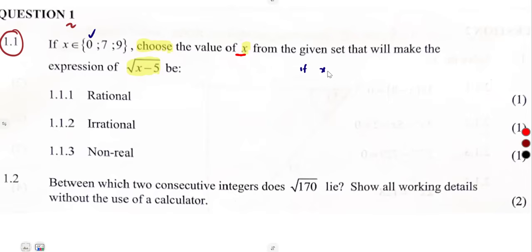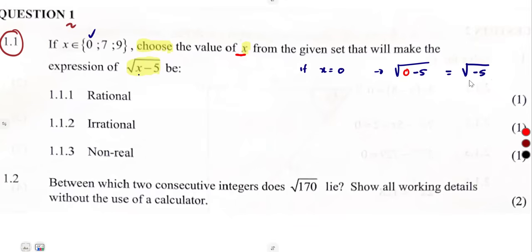If x is equal to 0, we are going to substitute that 0 in place of x, so that we see what we're going to have at the end. We are going to have the square root of x minus 5. Our x is 0. So this is going to be the square root of 0 minus 5, that is minus 5.